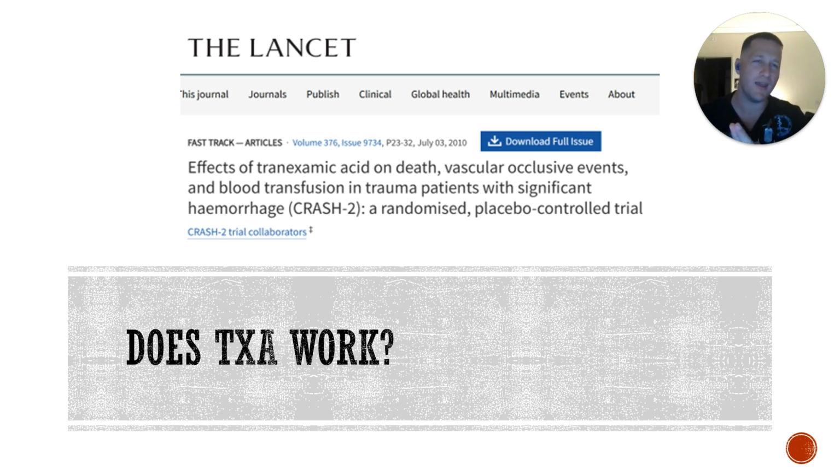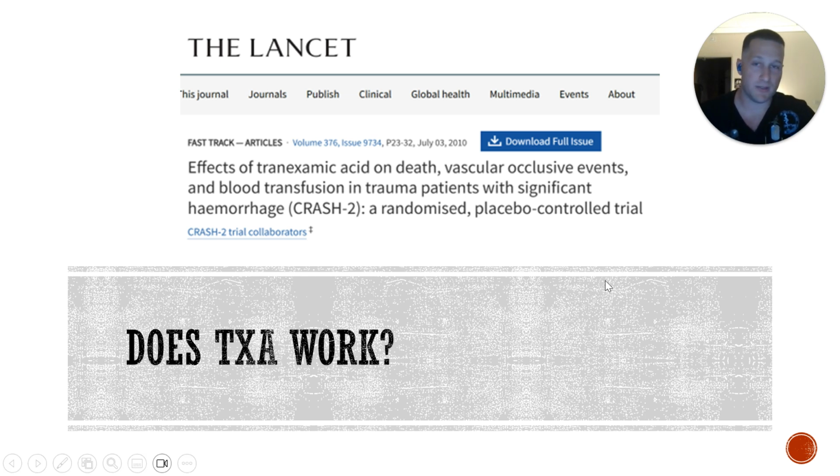I don't know if any of the articles we've done have been from the Lancet. They're usually from some bizarre German injury journal that I find, but the Lancet, arguably the most prestigious medical journal, that and the New England Journal of Medicine, are both super famous. This trial was so important that it was published in the Lancet, which is a big deal.